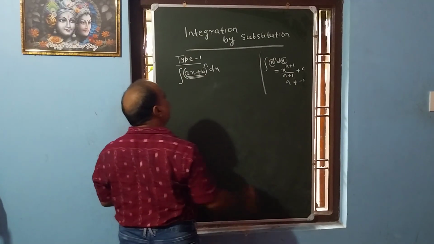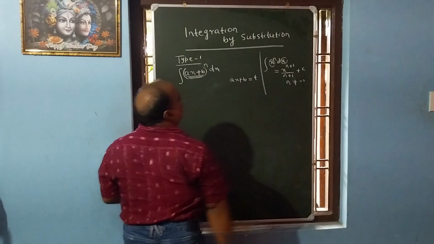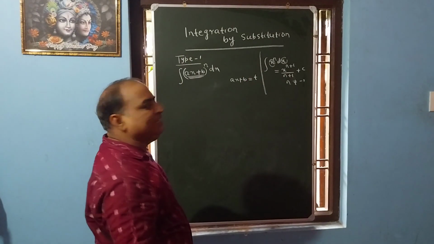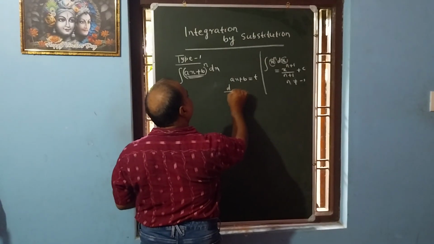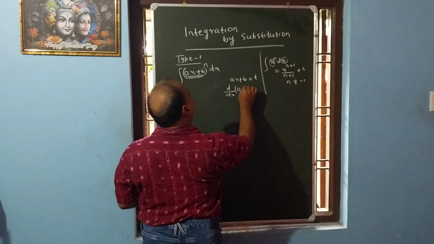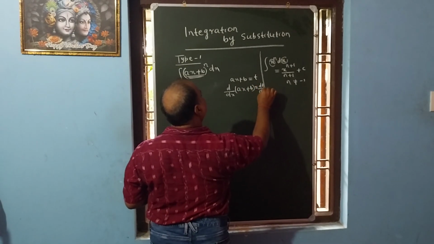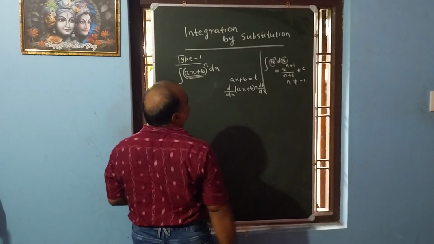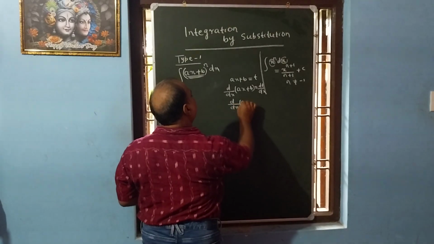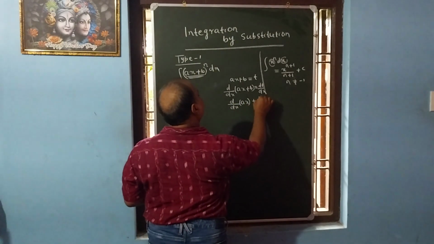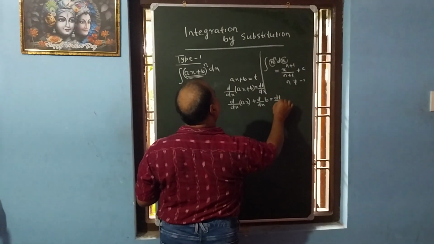So first of all, we have to take ax plus b is equal to t. Once you take that, you have to differentiate on both sides with respect to x. So we get d/dx of ax plus b is equal to dt by dx. Applying the derivative of a sum is equal to the sum of the derivatives: d/dx of ax plus d/dx of b is equal to dt by dx.